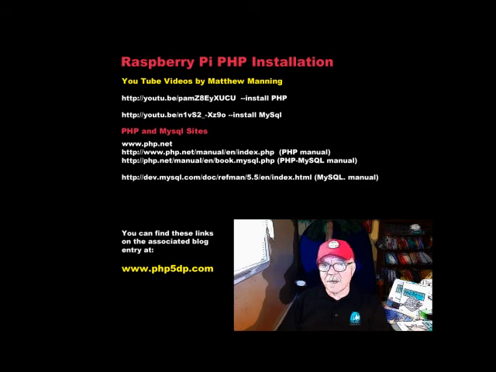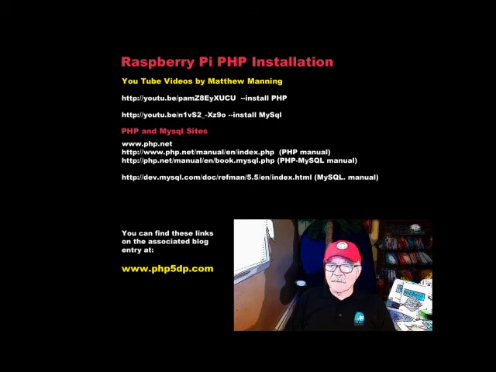Hi, I hope you like PHP, or at least getting started in it. What you can do now, if you have a Raspberry Pi and you don't know how to install PHP or MySQL, which is the back end to it, is take a look at the two videos that I have listed above, by Matthew Manning.